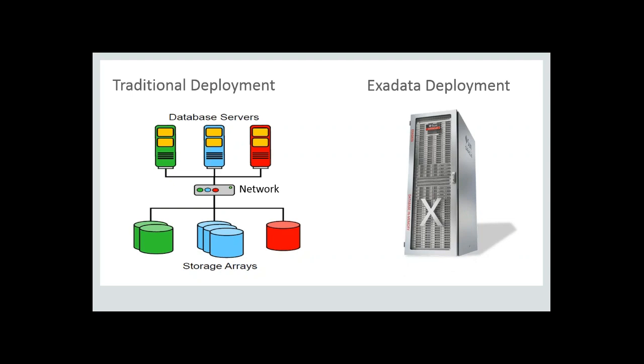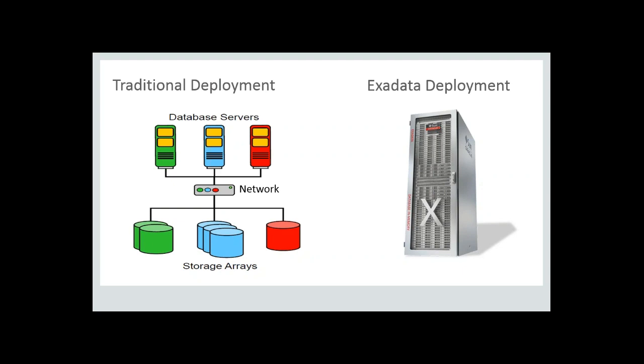That is what we call the Exadata machine. In that, Oracle combined the complete set of infrastructure, like your database server, your network, and your storage server, into a single 42U rack machine.